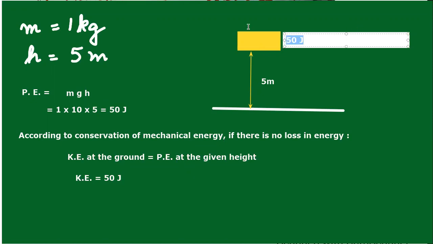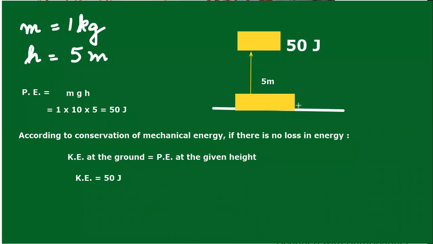So children, this 50 joules, when the body reaches the ground, the whole of this 50 joules of energy gets converted into kinetic energy of the body. So I hope this is clear to all of you. Very good.